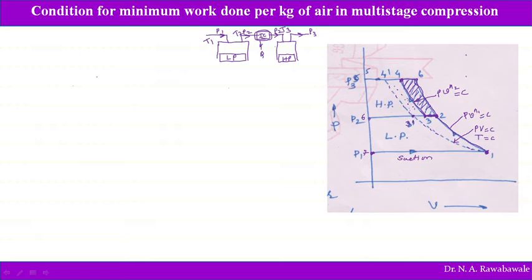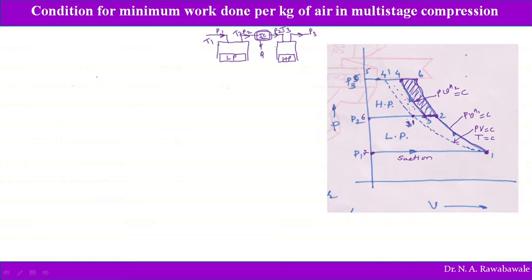But it is not possible to have perfect intercooling. So here, assuming imperfect intercooling, the temperature T3 is greater than temperature T1. If this T3 coincides with T3 dash, then T3 is equal to T1. But due to imperfect cooling, the temperatures are not going to be equal, so temperature T3 is greater than temperature T1.